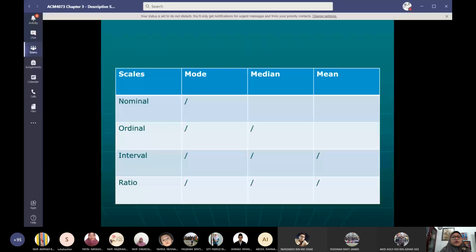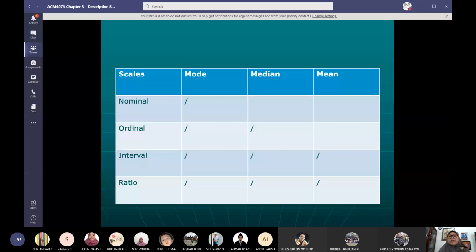You can only analyze mode for gender. You can't analyze mean for gender. It cannot be. You have female and then you have male. What is the median?